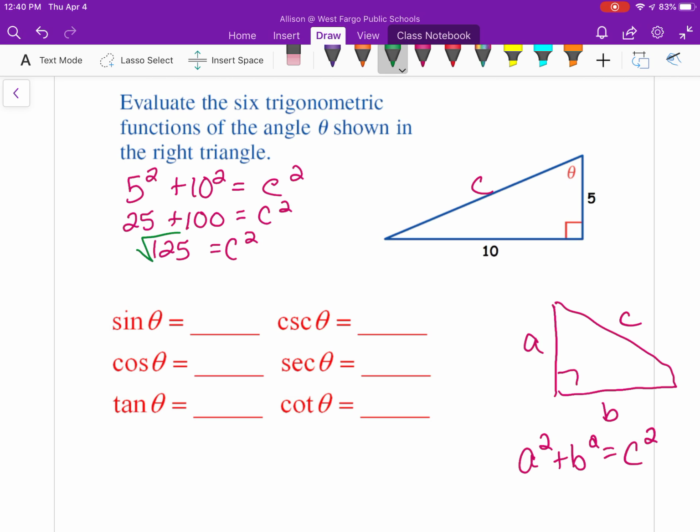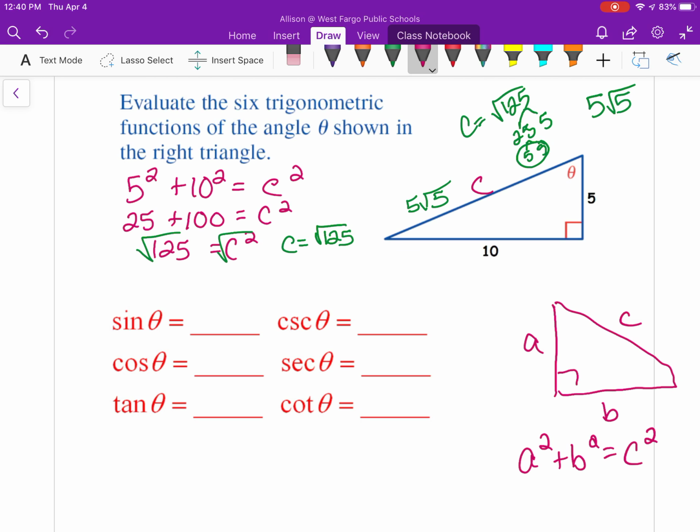And to finish solving for c, I would take the square root of both sides, and we would get c equals the square root of 125. Now, I should be able to reduce that, since 125 is 25 times 5, and 25 is a perfect square. So the square root of 25 is 5, and there's a square root of 5 left in there. So my hypotenuse is going to be 5 square roots of 5.